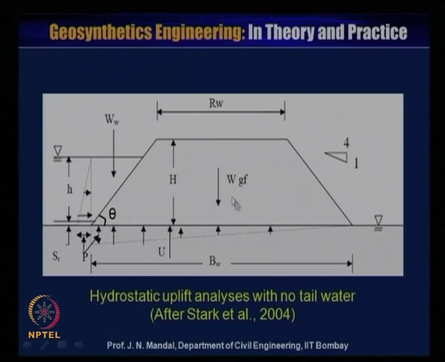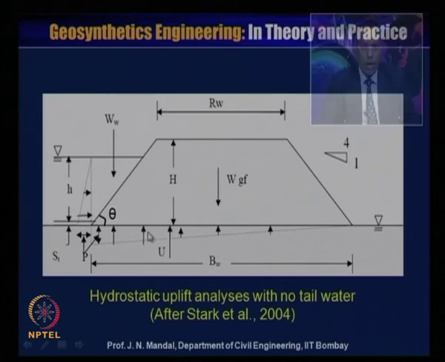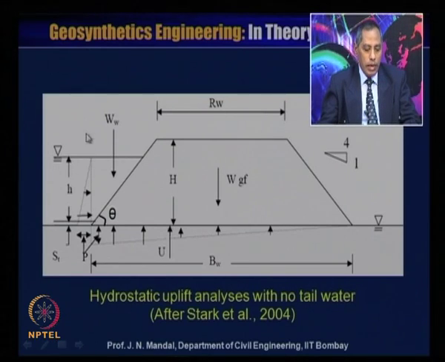This is Wgf, that means the weight of the geofoam embankment, and this is Ww. This Ww is the vertical component of the weight of the water on the embankment face above the base of the embankment on the accumulated water side, because this side is the water. And here also U is the uplift pressure acting on the base of the embankment.